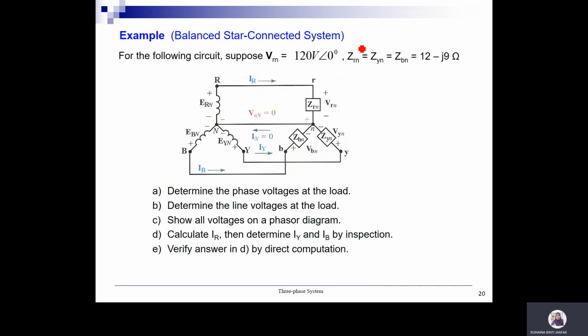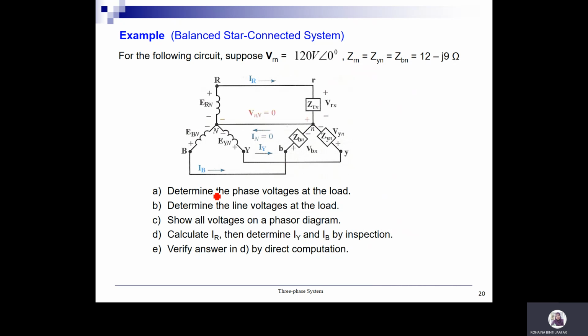If the impedance for each phase is different, the system is unbalanced. In this case, the system is balanced. You have this diagram with your alternator and your load. VRN is your voltage at the load.